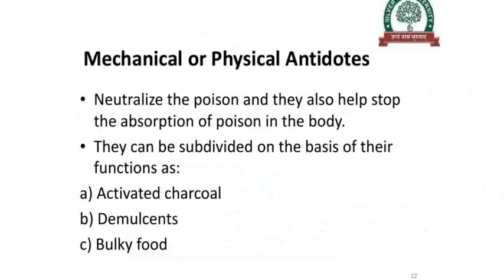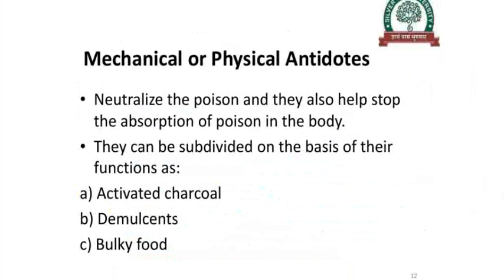In this way, mechanical or physical antidotes neutralize the poison, help stop its absorption in the body, or create a barrier between the poison and the tissue. They can be subdivided on the basis of their function as activated charcoal, demulcents, and bulky food.